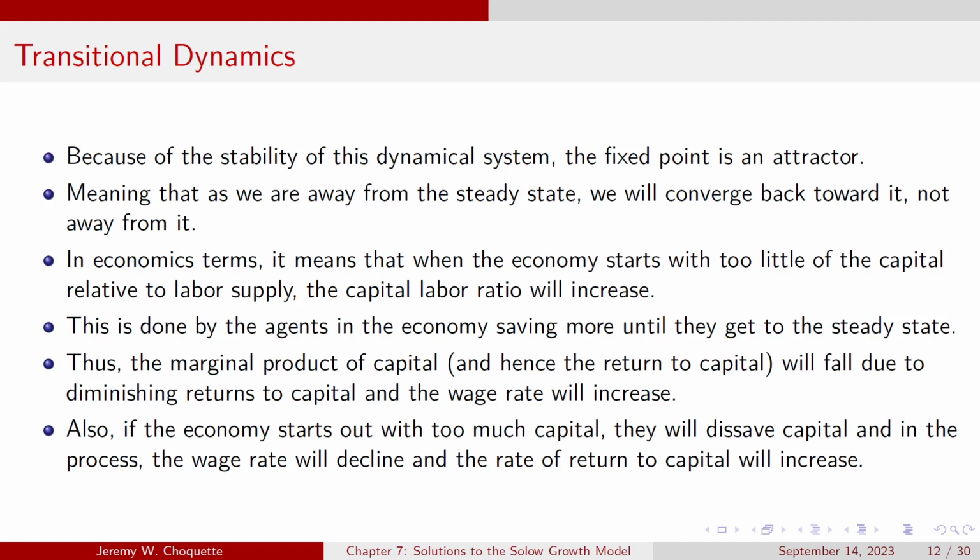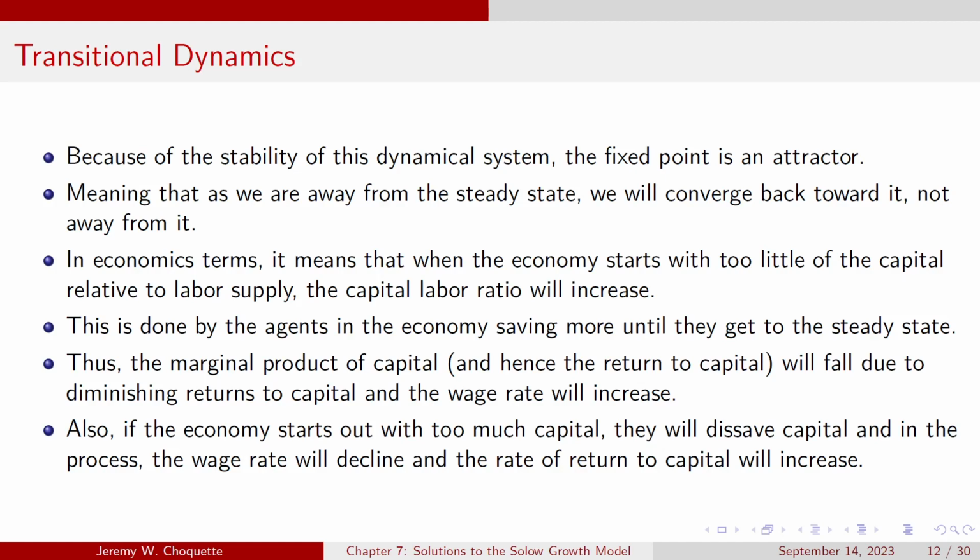And the reason this happens is because agents in the economy will save more until they get up to the steady state. So it's really governed by the behavior of the marginal product of capital, hence the return to capital, right? If you have a high marginal product of capital, you've got less capital than what we should be at the steady state.